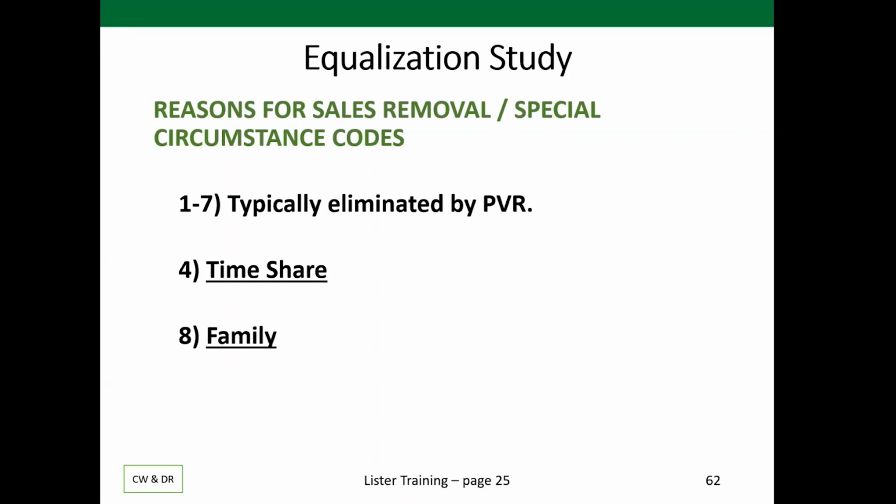So one of the more common ones, particularly in small towns, I think, as people start to shuffle property, maybe for estate planning or whatever the case might be, is family sales. Those are sales from parents to child, grandparents to grandchildren, niece to uncle.